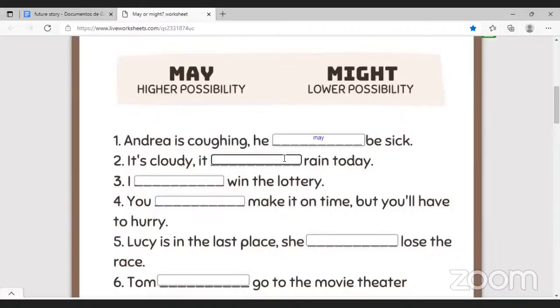Okay. Excellent. Great. Let's see number 2. Danny, your turn, please. It's cloudy. It may rain today. Excellent. Great job, guys. I might win the lottery. Lottery? How is it? The lottery. Yes, lottery. Okay.